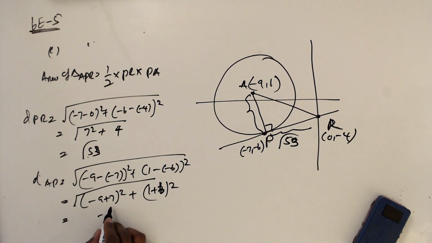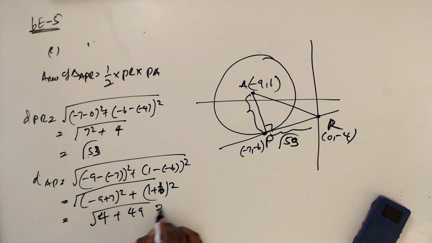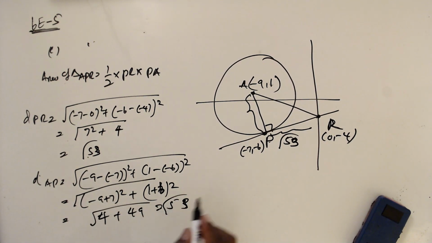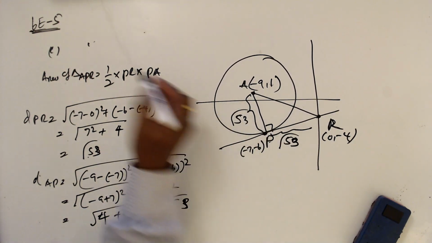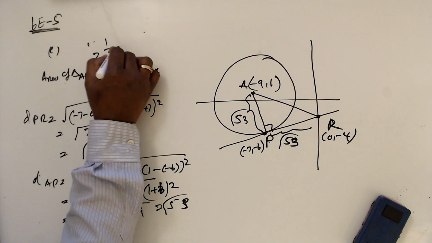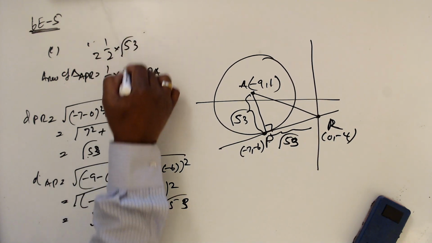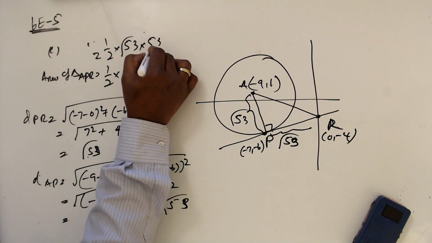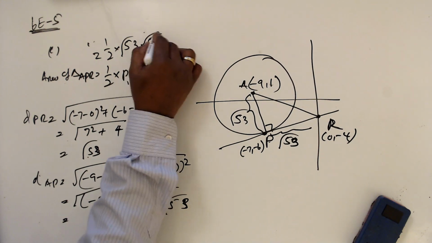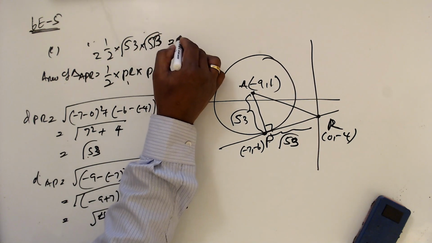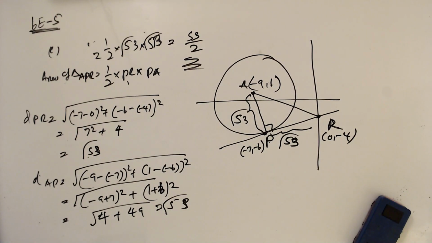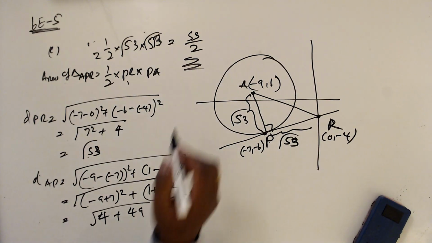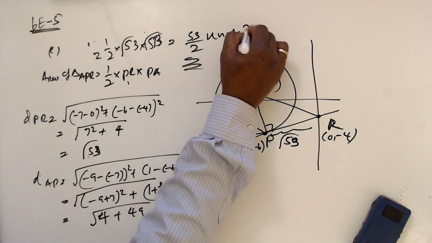So this is minus 2 squared, 4, and 7 squared, 49, square root 53. So this is also square root 53. Then the area is half times square root 53 times square root 53, which means 53 over 2 unit squares.